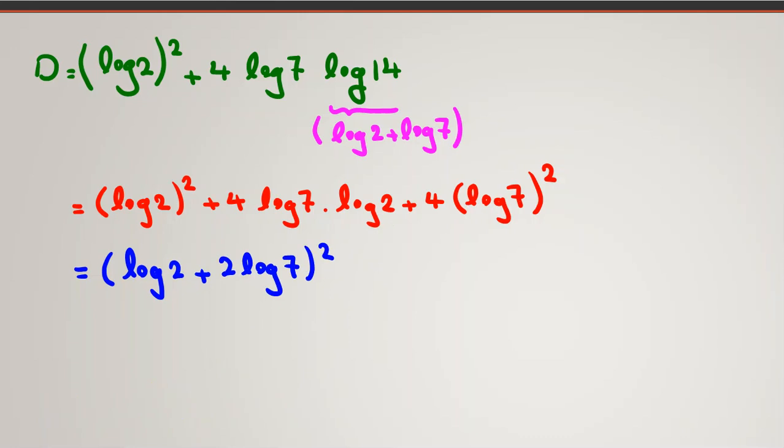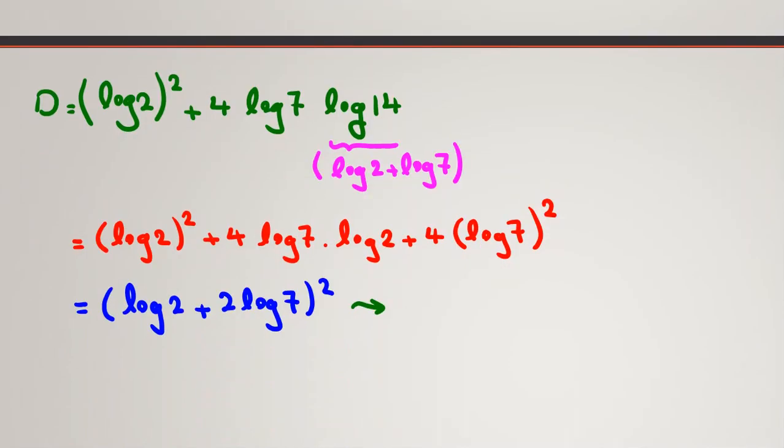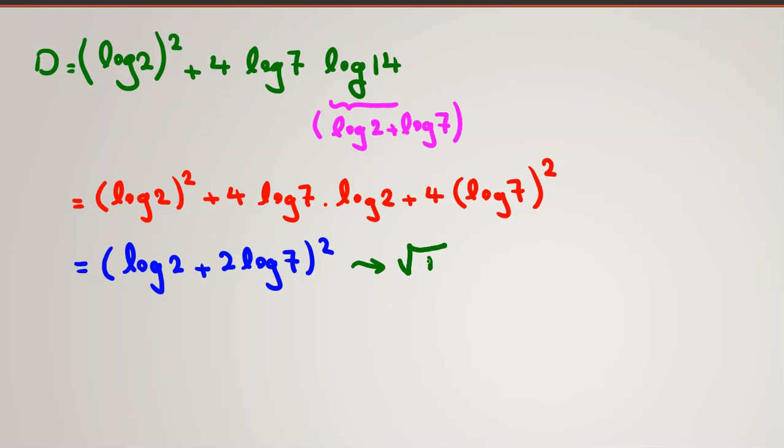And we can conclude that for this part, we want to find the square root of d. The square root of d is the square root of this because this part is positive. Log 2 is positive and log 7 is positive, since 2 and 7 are greater than 1.